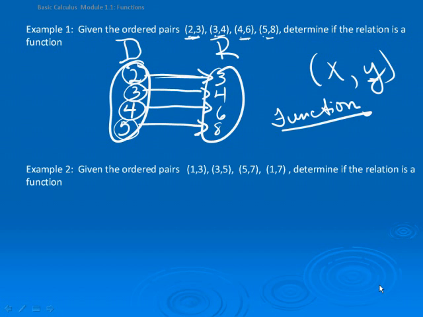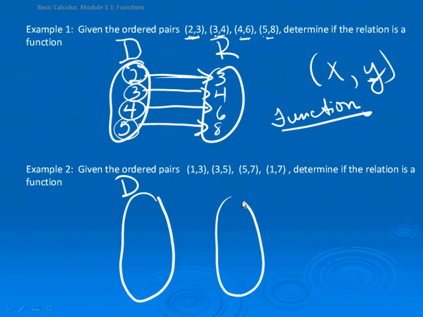All right, let's check out our second example. Again, I'm given four ordered pairs. Per our definition, let's set up the domain and the range. Our domain is the x values, which are 1, 3, 5, and 1 again, so 1, 3, 5.